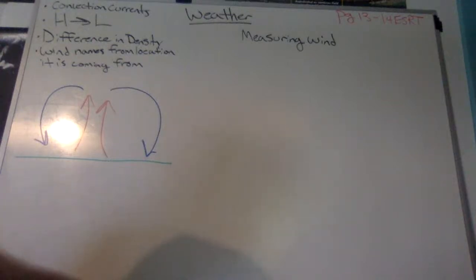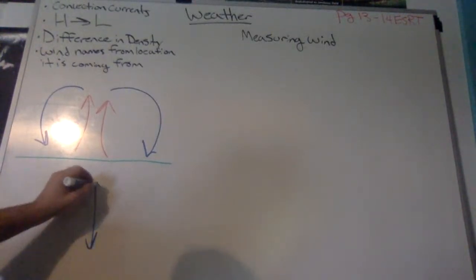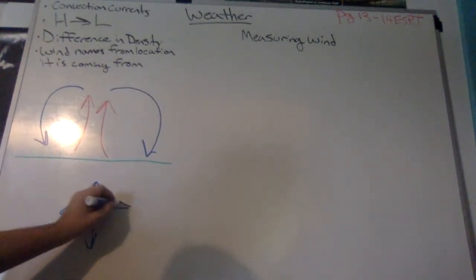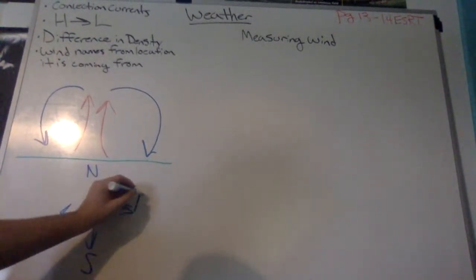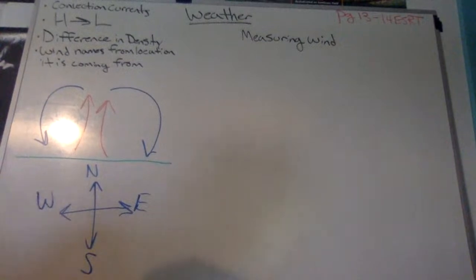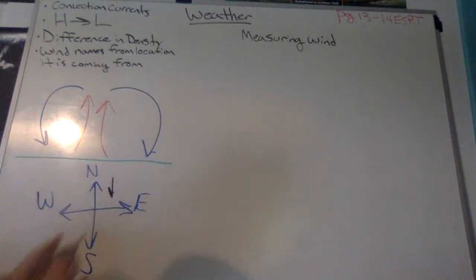So if I just put our little compass, for the most part, north is up, south, east, west. If it is a north wind, it is actually going this way because it's coming from the north. If it's a south wind, it's coming this way.